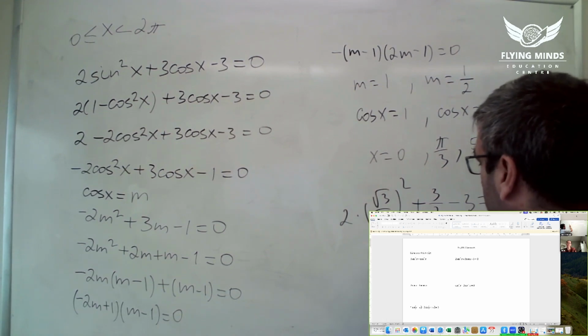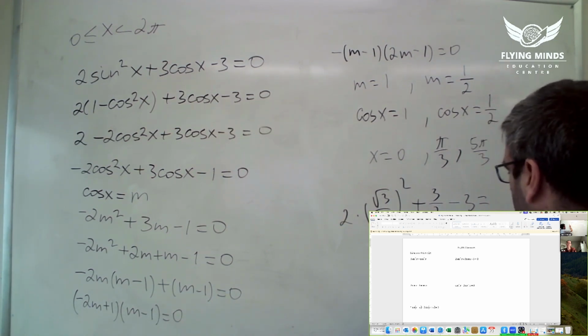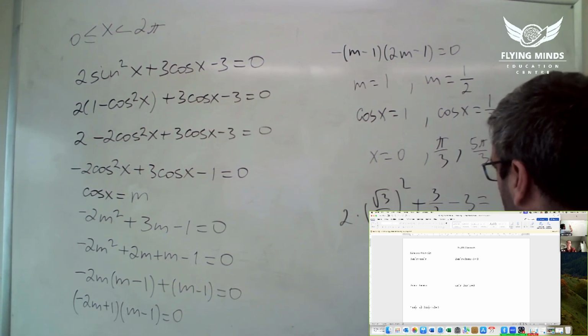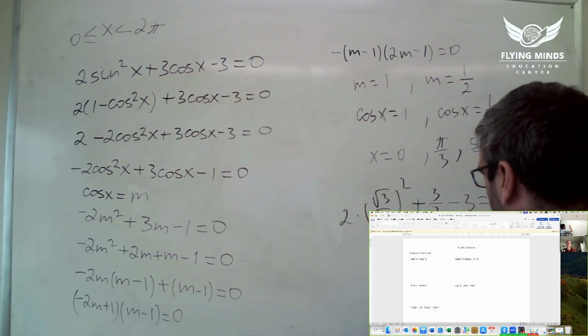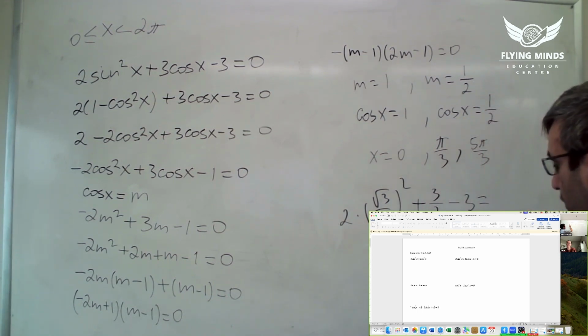Let's evaluate. So it will be 2 times 3 over 4 plus 3 over 2 minus 3. So we have 3 over 2 plus 3 over 2 minus 3. So 3 over 2 plus 3 over 2 will be 3. 3 minus 3 is 0. Okay.